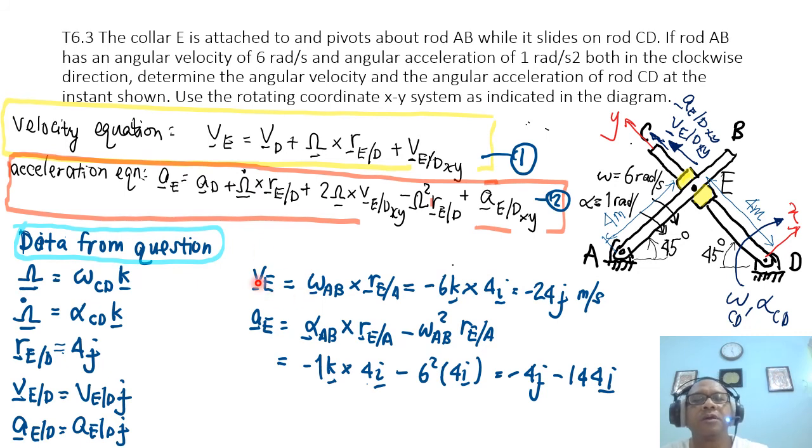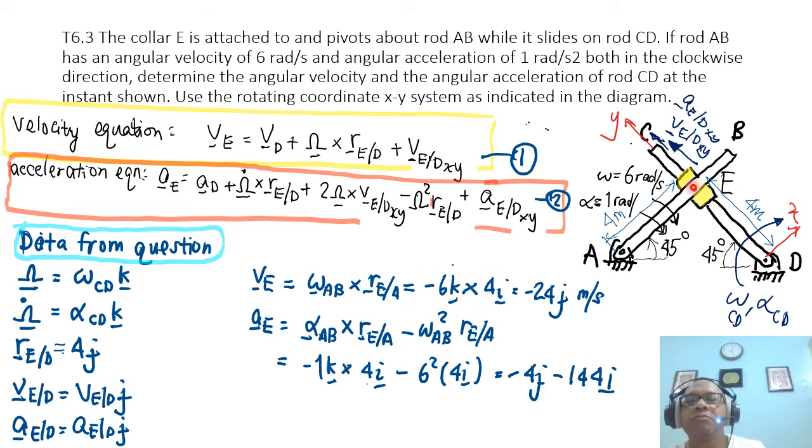So we can calculate VE. VE, because E is pivoted along the rod AB, therefore we have this minus 6K cross 4I.